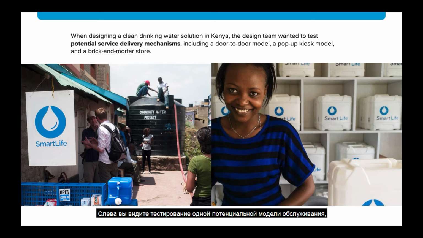In the picture on the left, you see the testing of one potential service model. The team have set up an informal shop front and created a logo to test demand for Smart Life offerings. In the picture on the right, you see the final Smart Life service that integrates both a brick and mortar location along with the subscription delivery option.